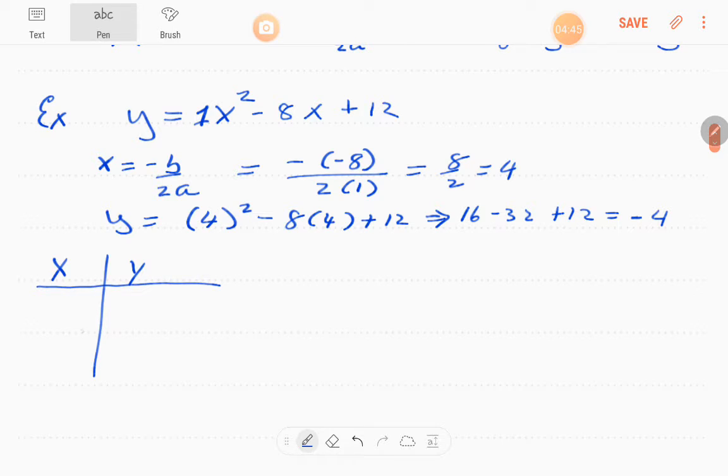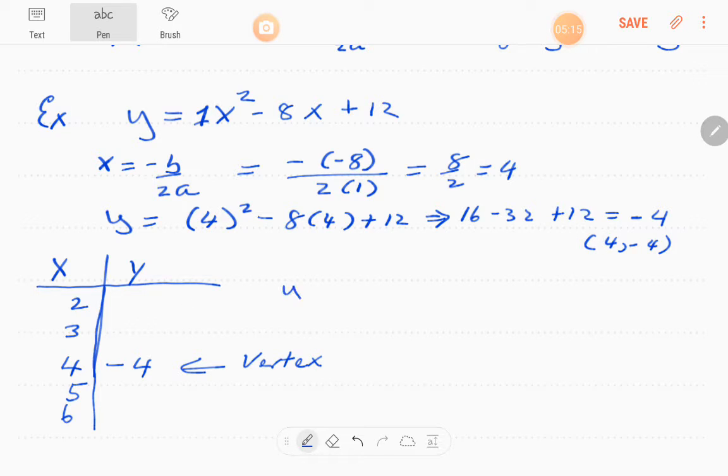Since you know the vertex is at the point 4, negative 4, we want this in the middle of our set of points. So you want to take 2 points before and 2 points afterwards: 2, 3, and 5, 6. So we have our vertex sitting in the middle.